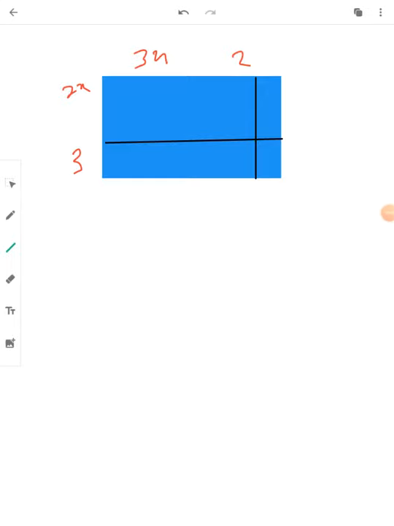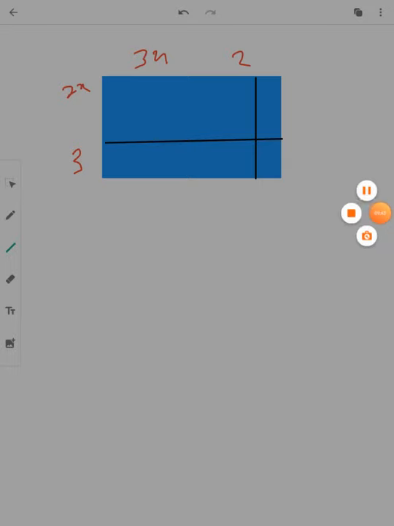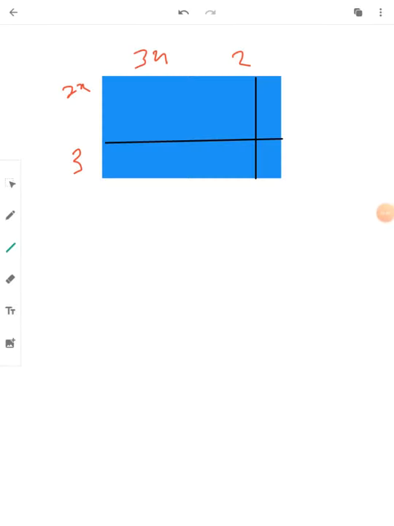Okay, look at this rectangle. So here, from here to here is 3x. The latter part is 2.